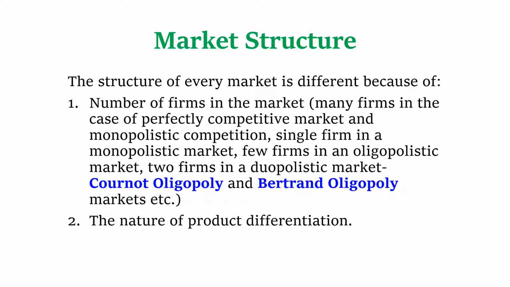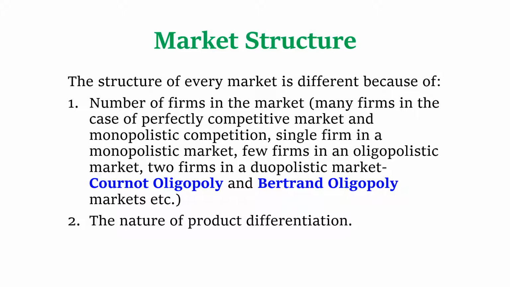Now, take the case of the cereal markets, the US cereal markets. You have Kellogg, you have General Mills. All these firms produce certain goods that are different in some respects.